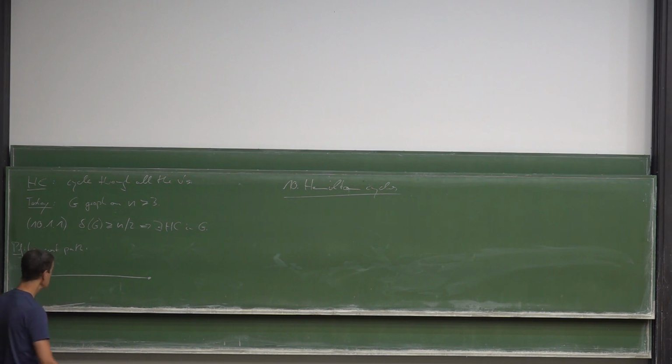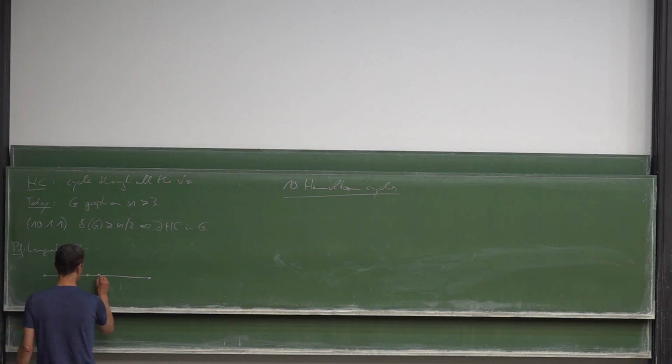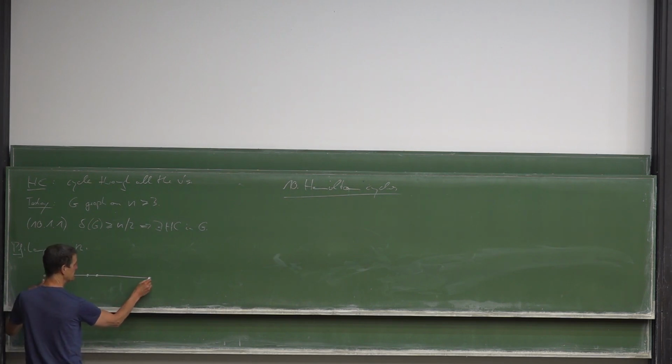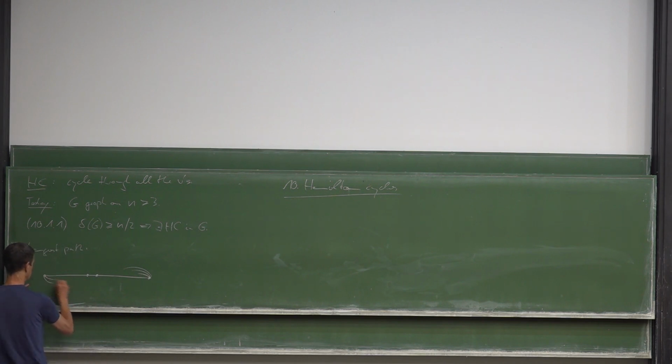Now, notice that the first and the last vertex have all their neighbors on this path, right? Otherwise, it wouldn't be a longest path.